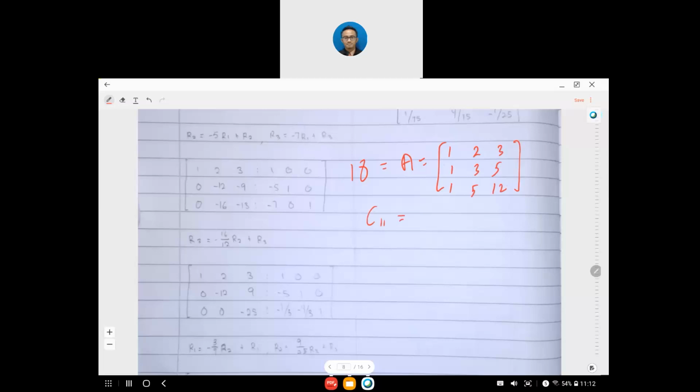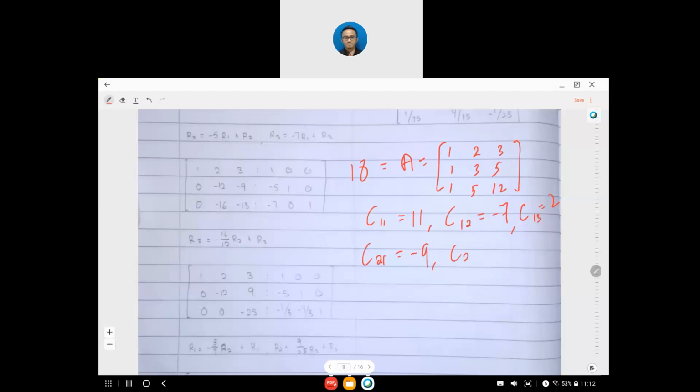Cofactor 1 1, supposedly we can get 3 times 12 minus 5 times 5, 36 minus 25, so you can get 11 here. Cofactor 1 2, you can get negative 7, and cofactor 1 3, you can get 2. Cofactor 2 1, negative 9.